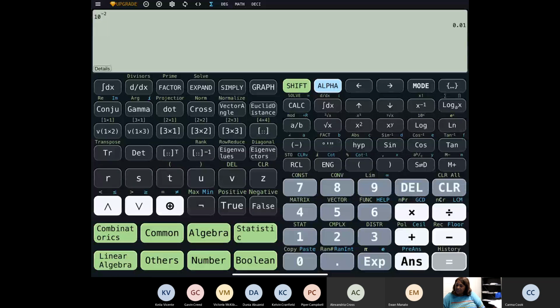So that concentration is going to be 0.01. So therefore, for a pH 2, the concentration of H plus is 0.01.